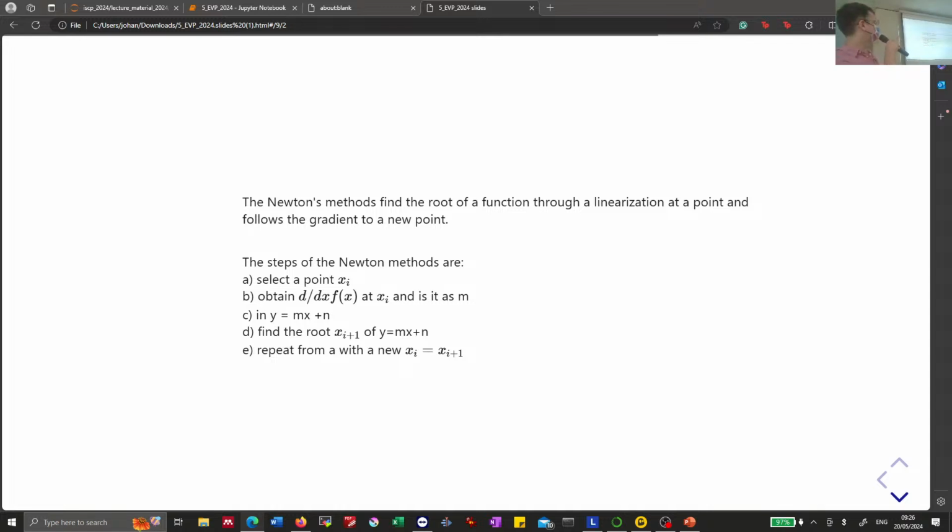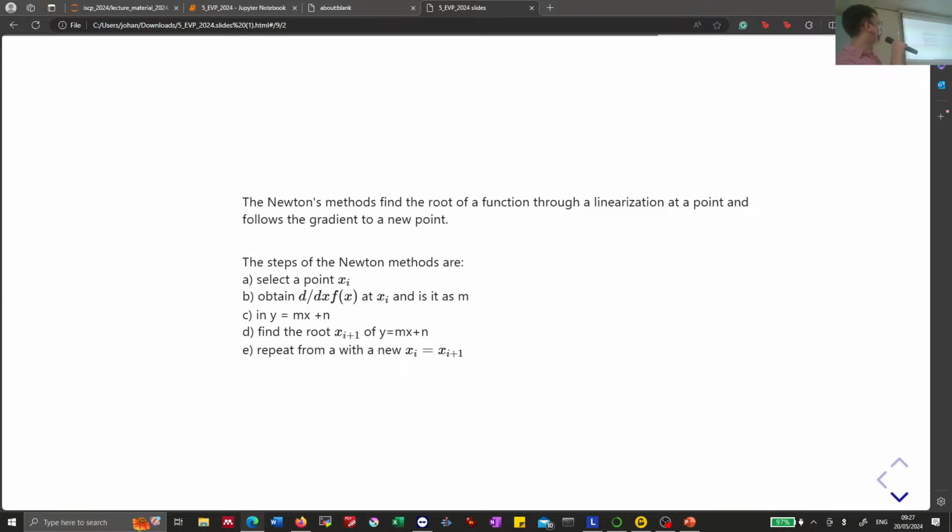So first step, select a point xi. So if we start, then we select x0, right? Next point, obtain the derivative f of x at xi. So we need to get the derivative, plug in xi, and this we call m. We call it m because it's the inclination, however you want to call it. So actually it's the inclination at that point, or we would store it as a variable.